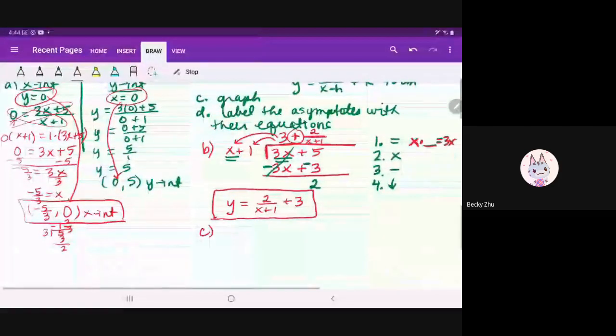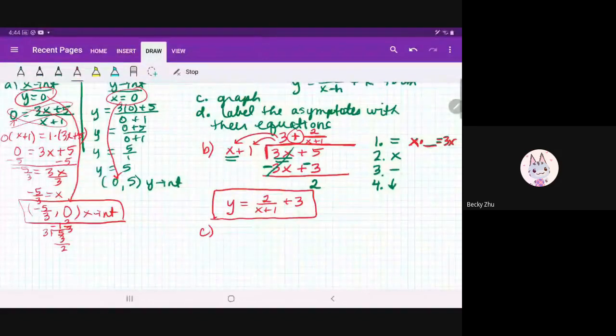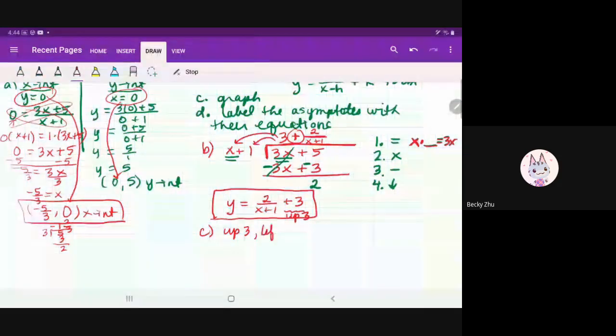So step C. What way would I be moving this one? What are the 2 ways I would be moving this one? So up 3, I agree. And then what else? And left 1, I agree. So up 3, left 1.